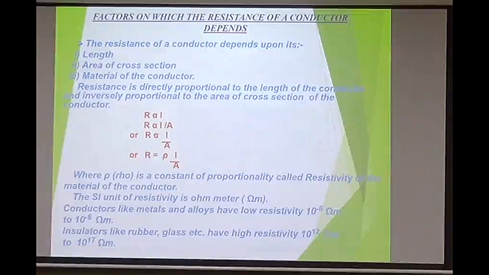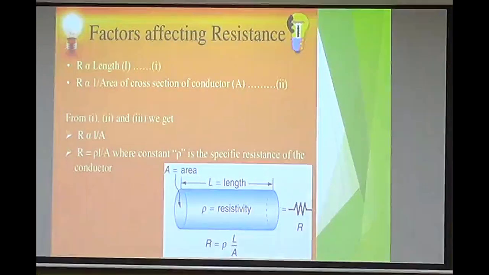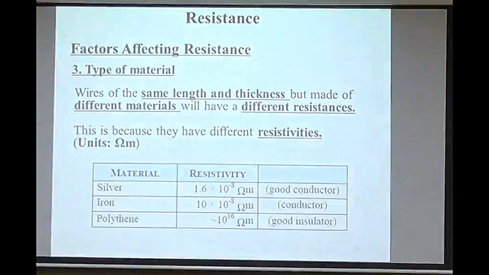So we are saying that R is proportional to length and inversely proportional to area. Combining this, we have got the resistivity. So resistance also depends on the type of material. Wires having the same length and thickness but made of different materials will have different resistances.